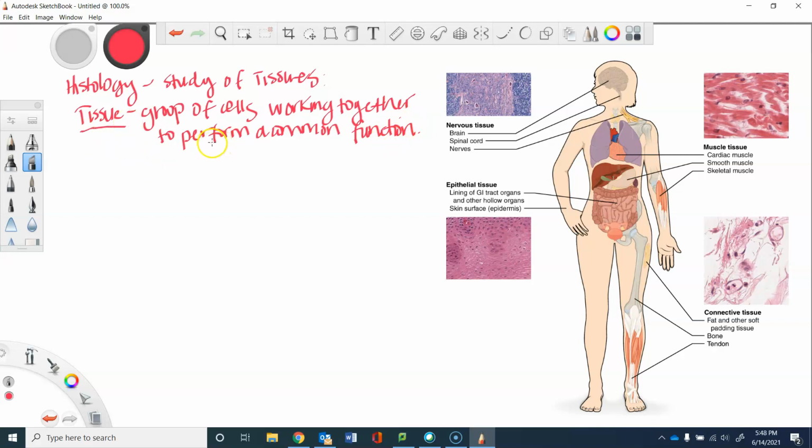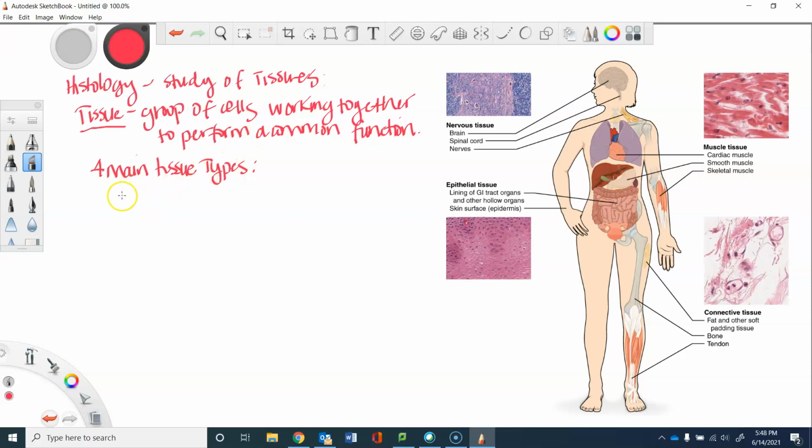All right, there are 4 main tissue types. And all of our organs are made up of a combination of these 4 different tissue types.